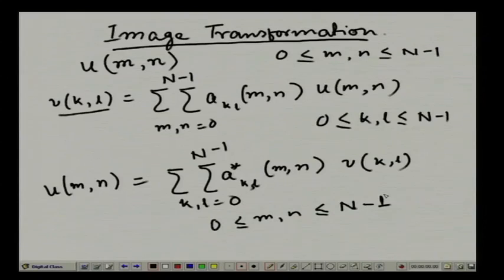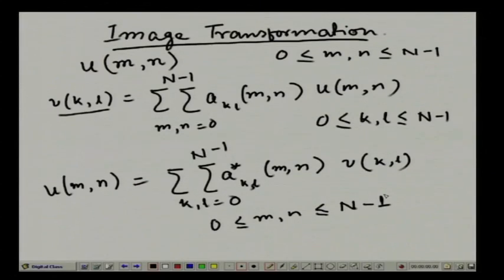So, by extending the concept of series expansion of one dimensional vectors to two dimensions, we can represent an image as a series summation of basis unitary matrices.